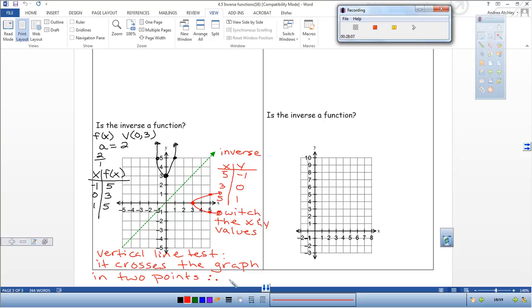Therefore, it's not a function. Any questions over that? We're all good?